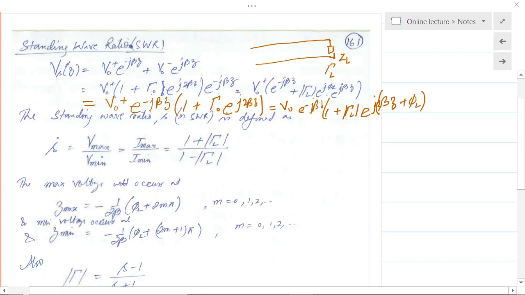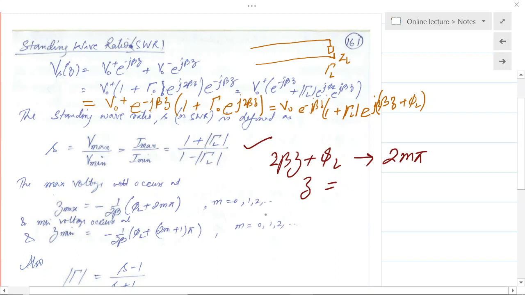So when you take the standing wave ratio, V max over V minimum, you have 1 plus gamma L over 1 minus gamma L. The maximum voltage will occur when this 2 beta Z plus phi L is an even multiple of pi, that is, a multiple of 2 m pi. So you can find out from Z here how you can find ZL.